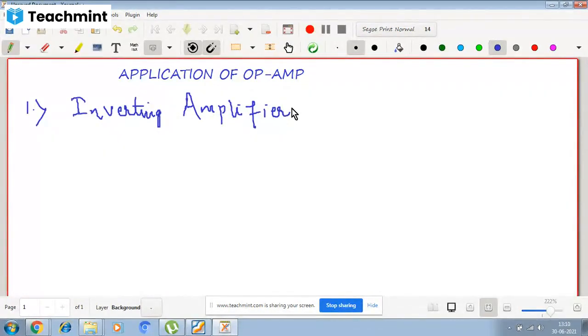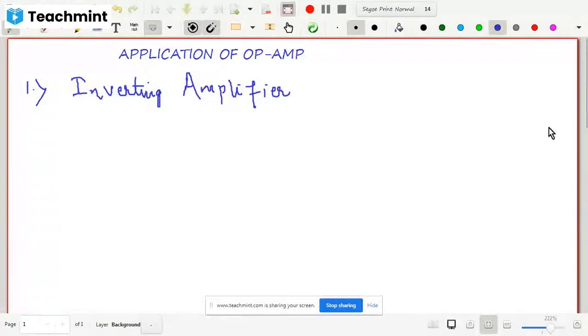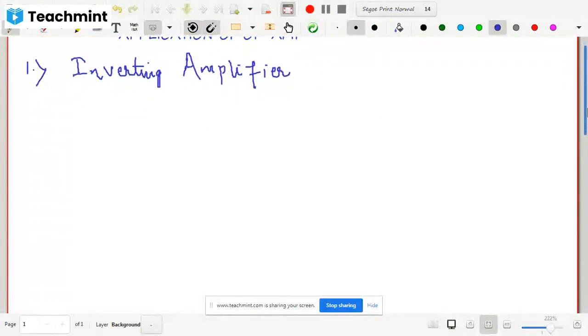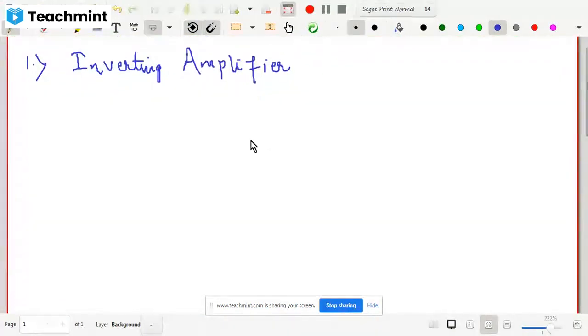I will draw the circuit diagram first, and then we will try to find out the gain. Our main point is to find out the gain in this circuit. We call this an inverting amplifier because the input should be given to the inverting terminal. There are two terminals here, inverting and non-inverting.